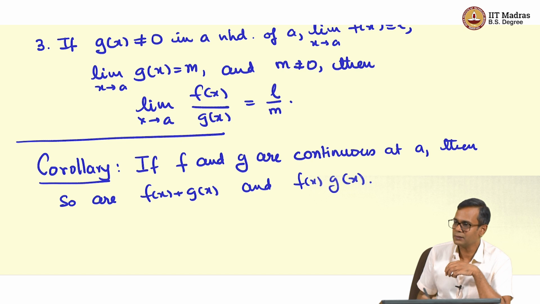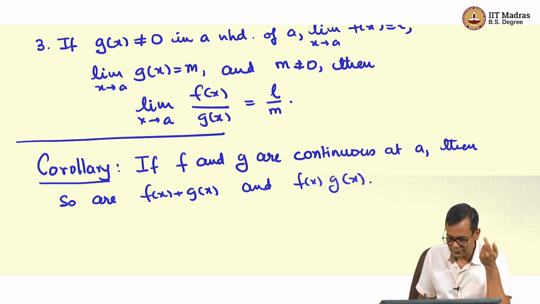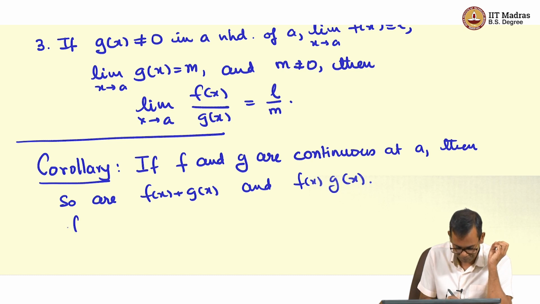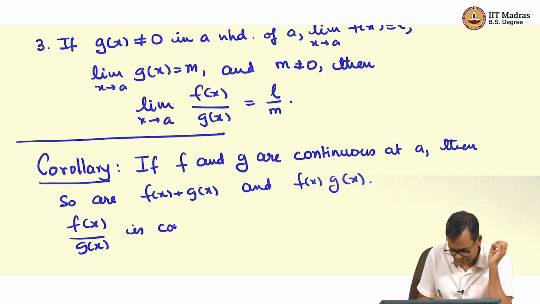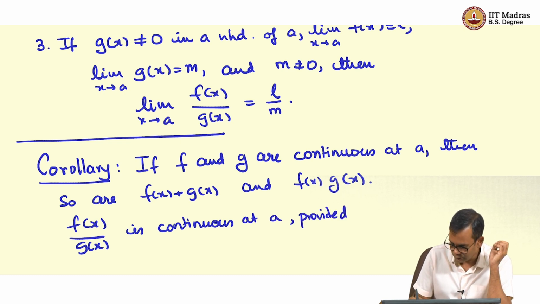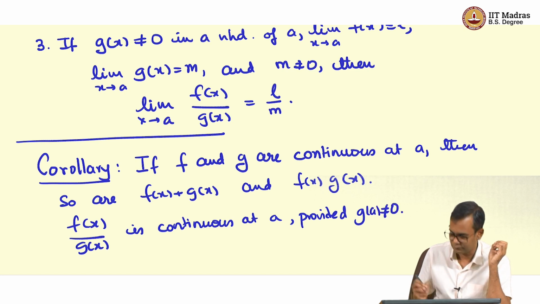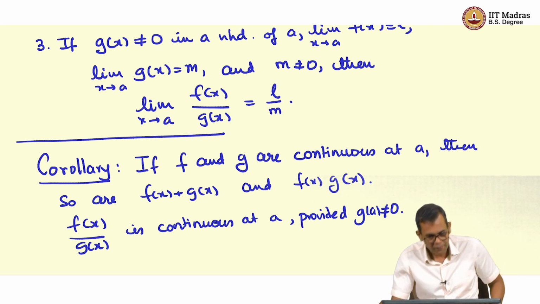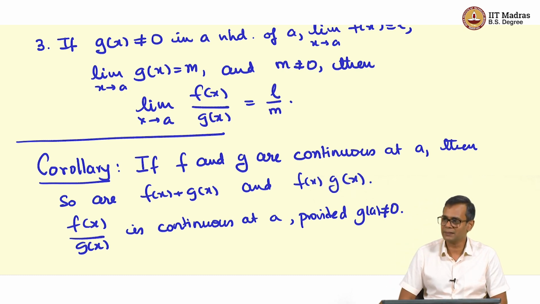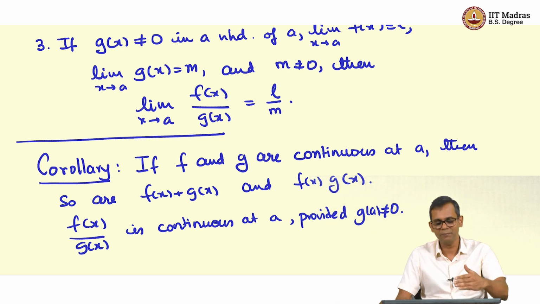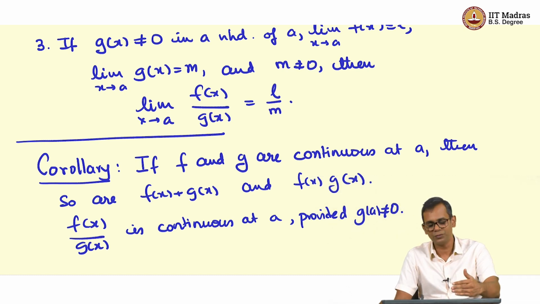The sum and products of functions that are continuous at A are going to be continuous at A. For quotients, we need to be slightly more careful. f of x by g of x is continuous at A, provided g of A is not equal to 0. Now, the proofs of these properties I will leave as an exercise, because we have done exactly the same things for sequences, and these proofs are very, very simple.